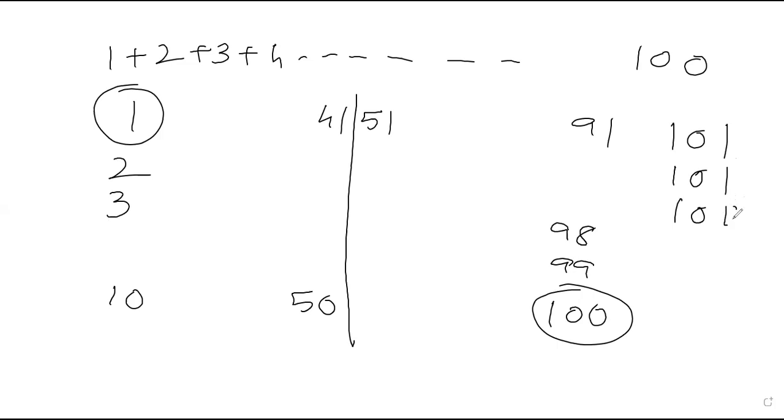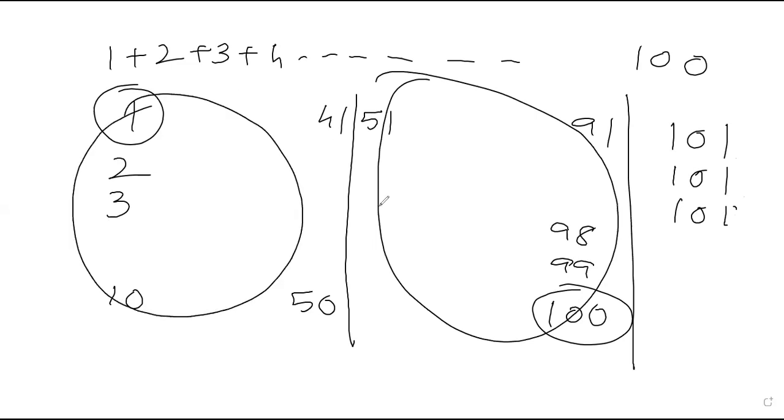So like that, how many 101s will there be? 50 pairs overall. So there are 50 101s, and that is the addition of all of it. That's how it goes.